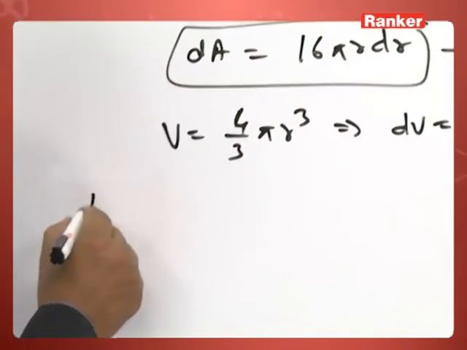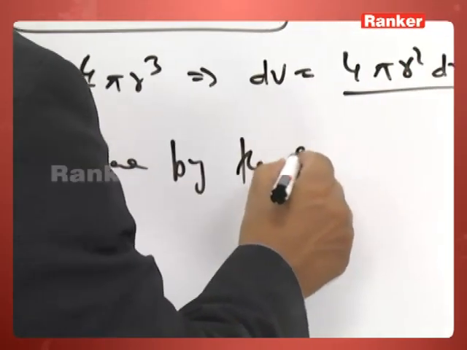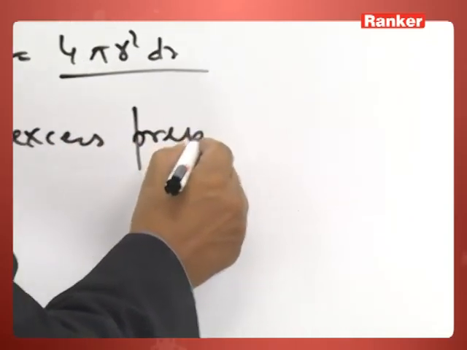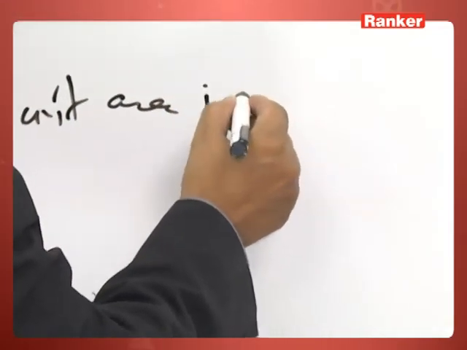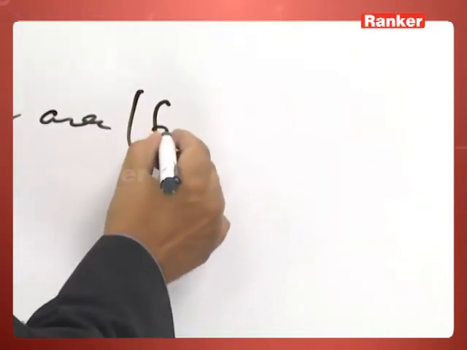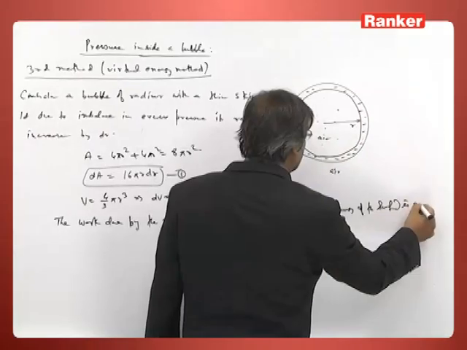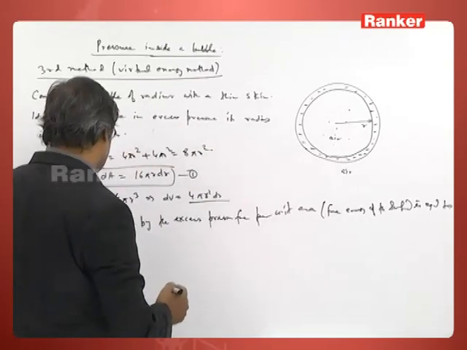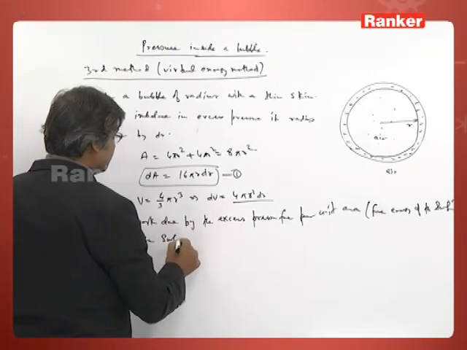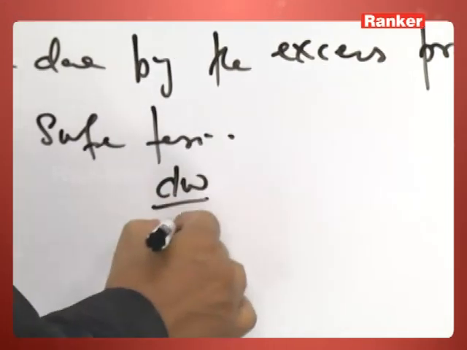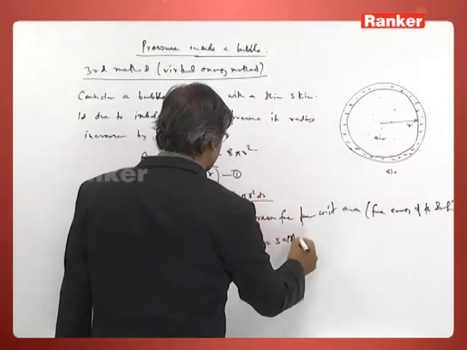Now, the work done by the excess pressure force per unit area, which is basically the free energy of the surface, is equal to the surface tension, that is dW by dA is equal to S, which implies dW is equal to S dA.